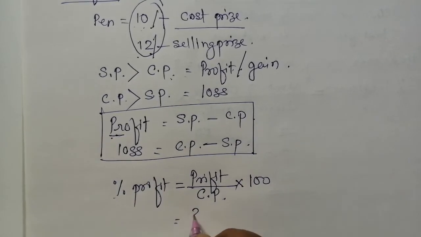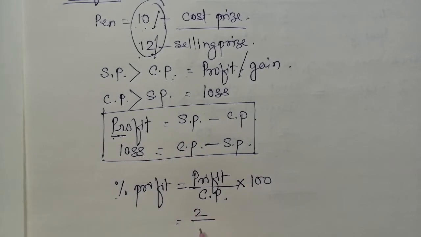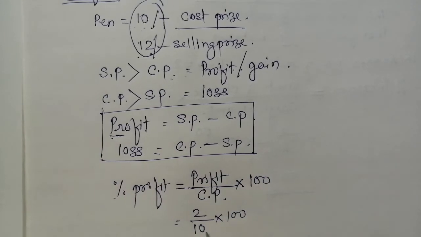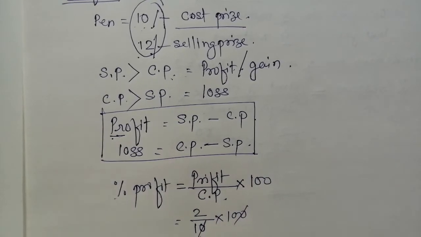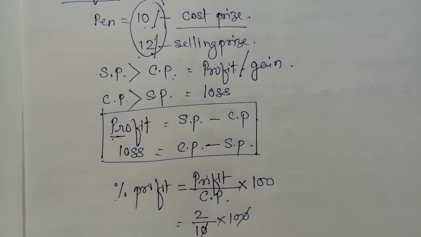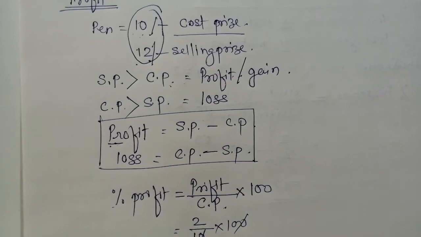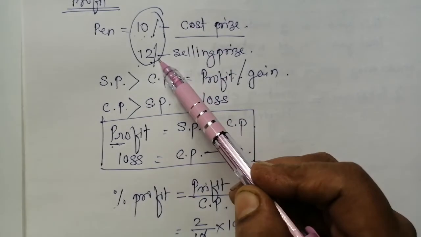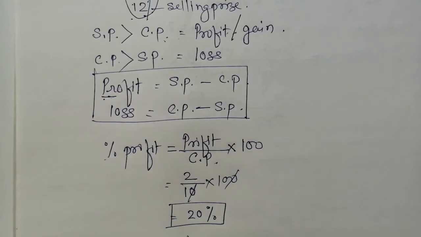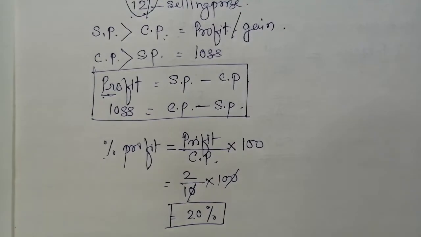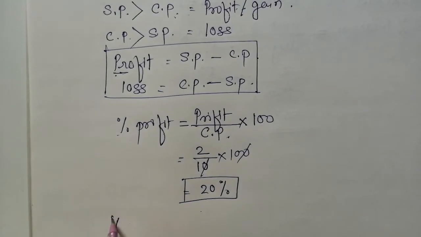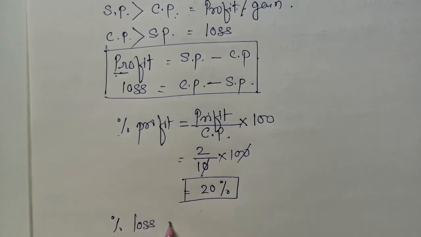That means you will get the percentage profit. Your profit is 2 rupees, the cost price was 10 rupees, multiplied by 100. That means you sold the pen with 20% profit. For 10 rupees, 2 rupees profit means for 100 rupees 20 rupees is the profit. This is in percentage. In the same way, if there is a loss, the percentage loss is equal to what?